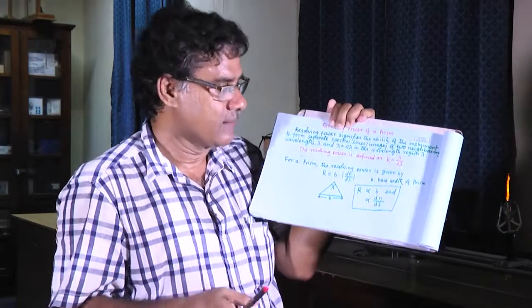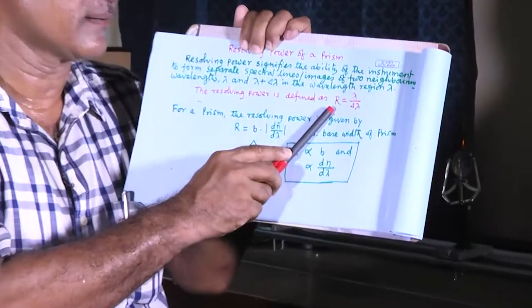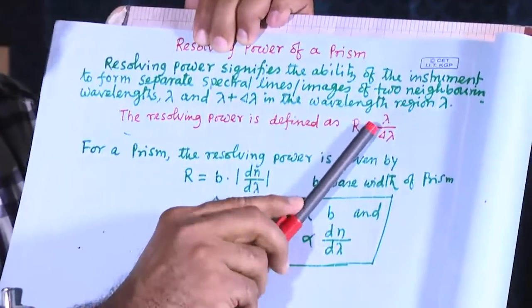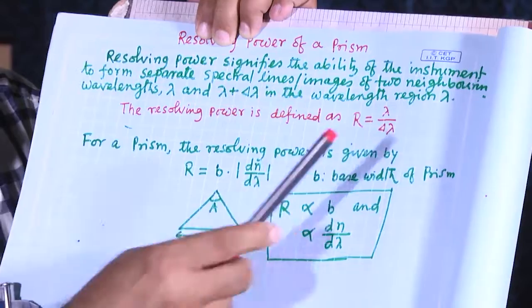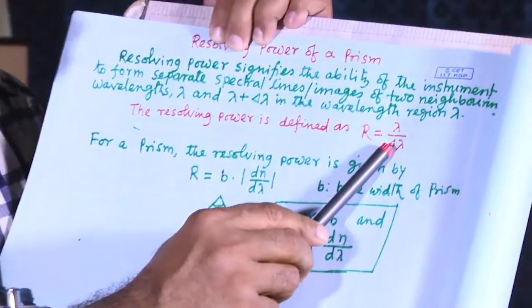The resolving power of the prism is defined as lambda divided by the difference of the wavelength, del lambda.